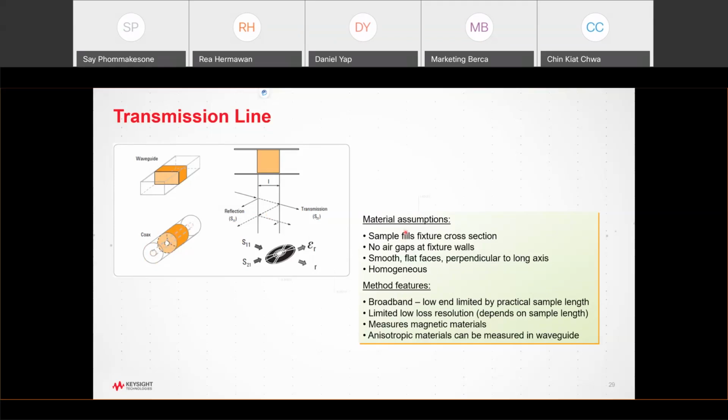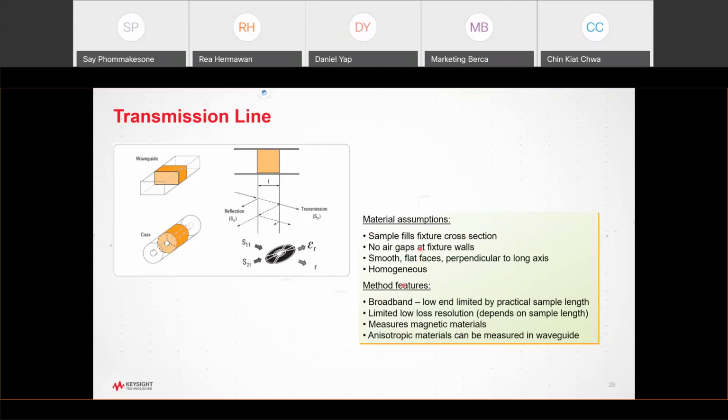The material assumption here is that your sample has to be flat, with no air gap. The air gap gives you an error in the measurement because it does not truly represent your material, and your material needs to be homogeneous.